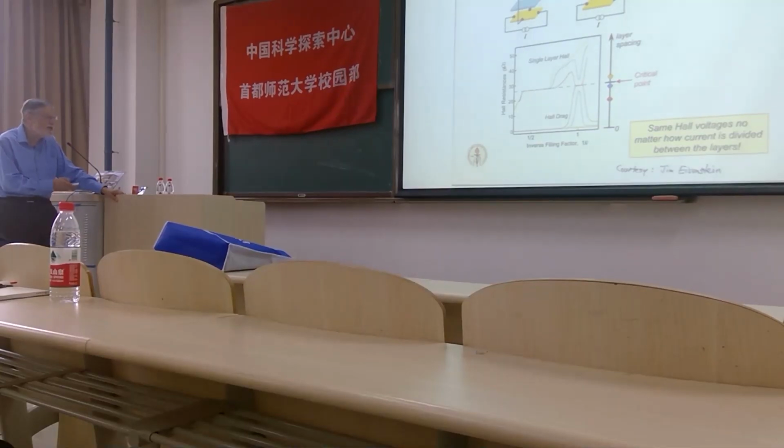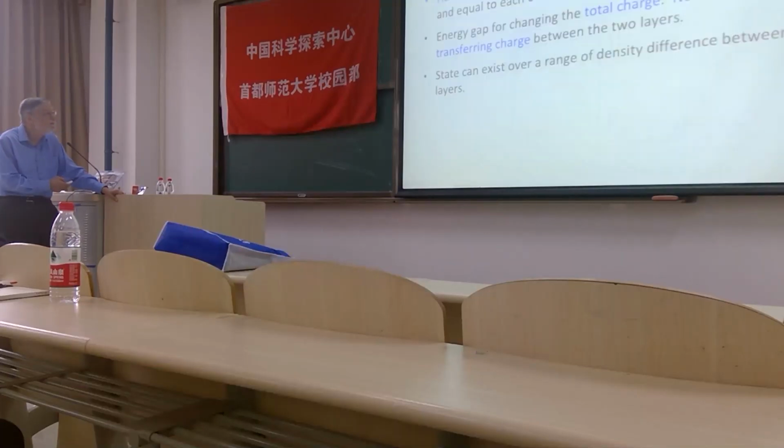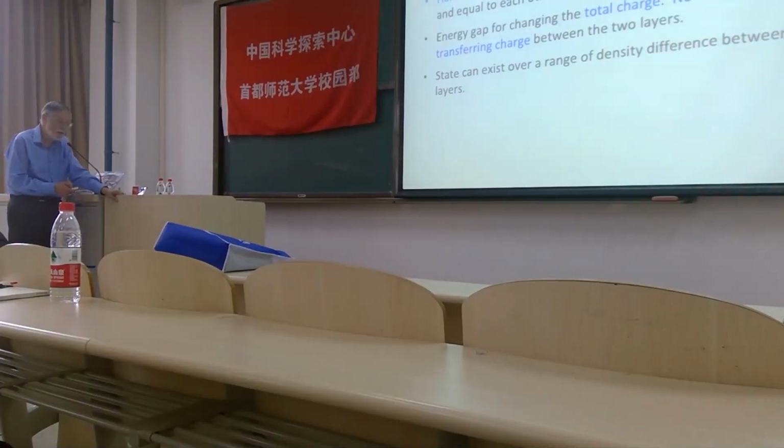It's independent of which layer the current is flowing in, and it's precisely quantized at h over e squared, which is remarkable. You don't have to have exactly 1/2 in each layer, as long as the total is right.